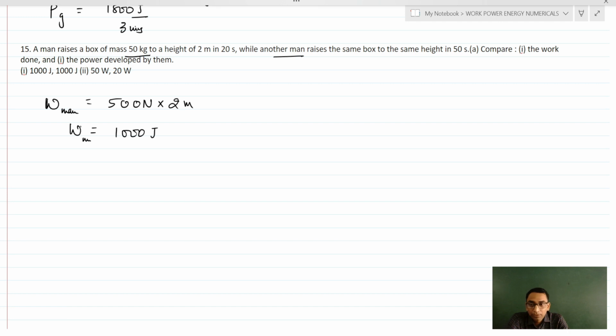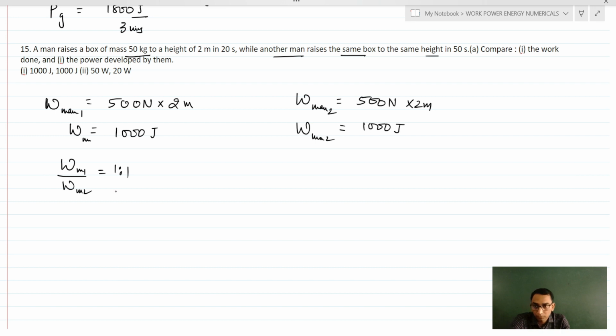While the work done by man 2, raises the same box to the same height. So again he has to apply same amount of force, same distance. So the work done by man 2 is again the same, 1000 joules. So compare means the ratio. So work done by man 1 upon work done by man 2, the ratio is 1:1 or 1/1.